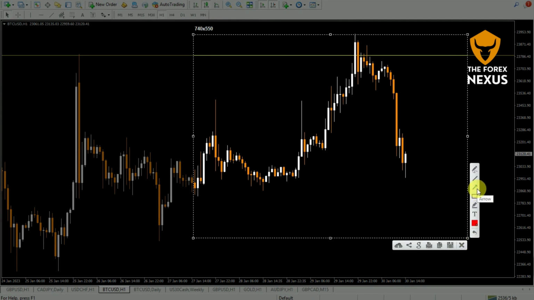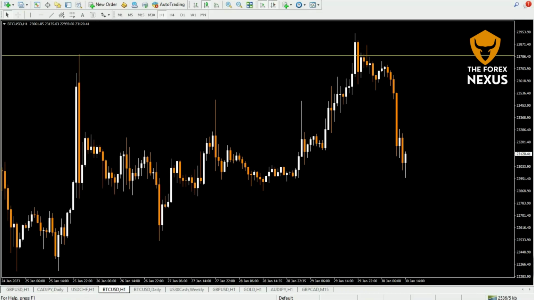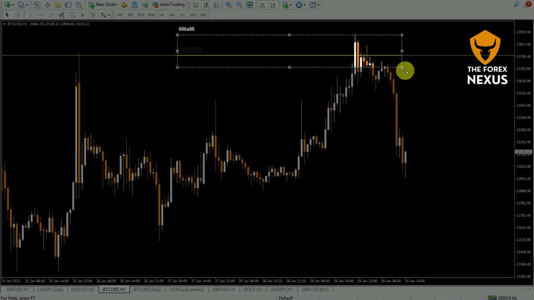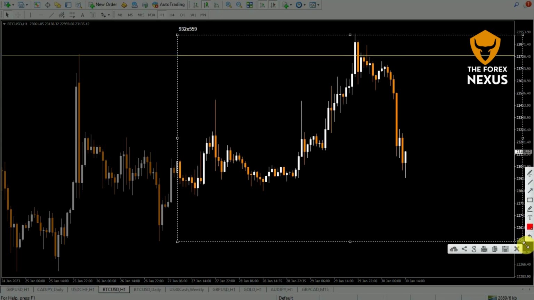Here, a bearish engulfing, right? But we got a structure at this point. So here we will mark these zones. Here we got engulfing, okay, but at this point we got structure.